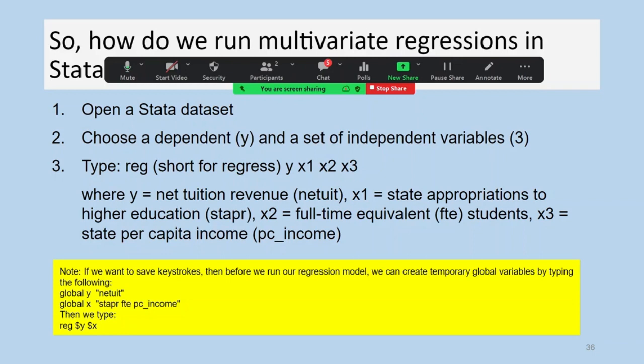So I put it here for you actually, where your dependent variable is again net tuition revenue. Your first independent variable is state appropriations to higher education. The second one is full-time equivalent students. And the third one is state per capita income.